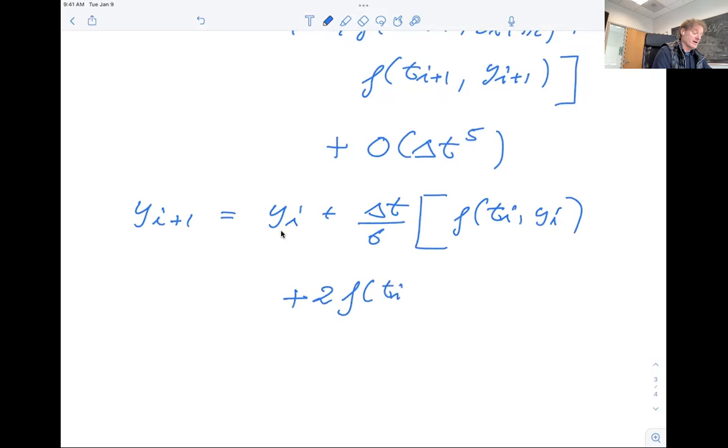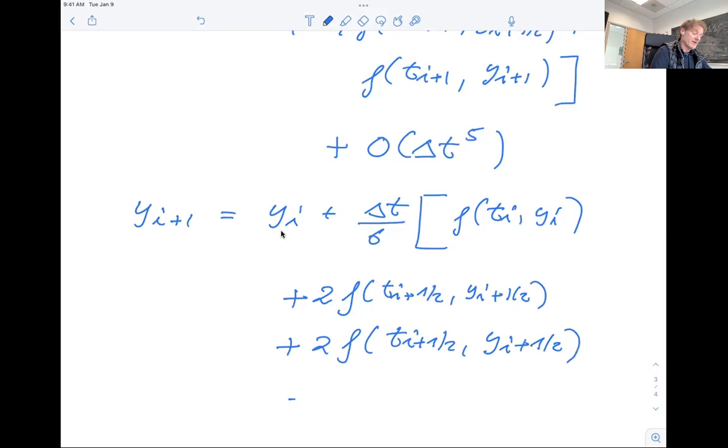So we're going to t_{i+1/2}, y_{i+1/2}. And then we simply have a new term evaluated at the midpoint of t_{i+1/2}, y_{i+1/2}. And then we have the final point, which is given by f at t_{i+1}, y_{i+1}.